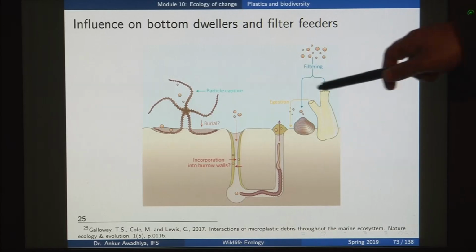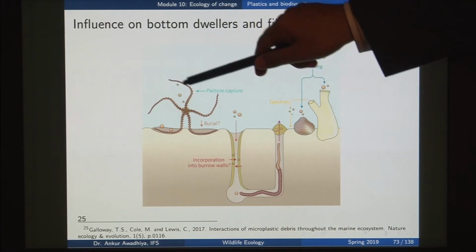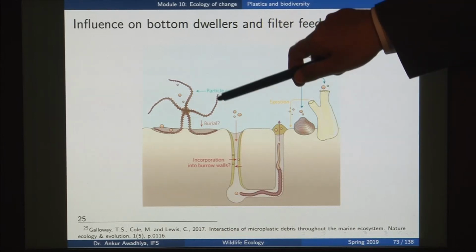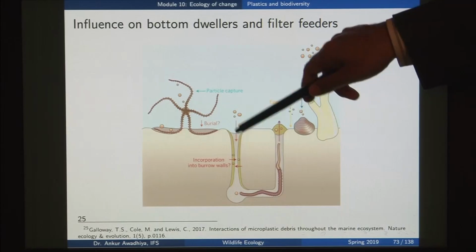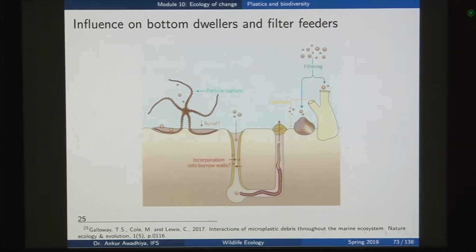Now, if you have microplastics that are of the size of these planktons, then all of these plastics are also getting into the body, then they are getting filtered out and then they are blocking the alimentary canal of these filter feeders. And these plastics may get captured into various body parts of these organisms, or when some organisms are burrowing a hole into the seabed, they also get incorporated into the burrow walls of the system.